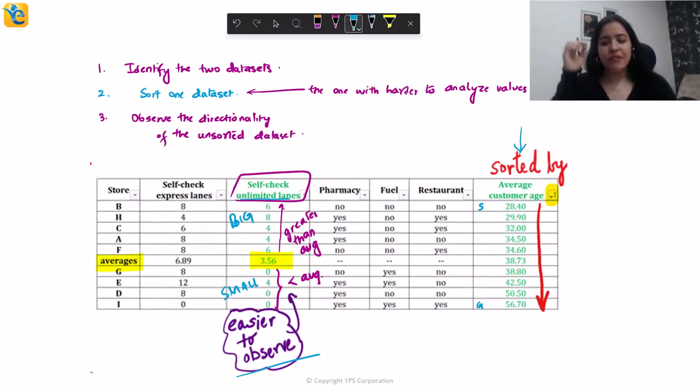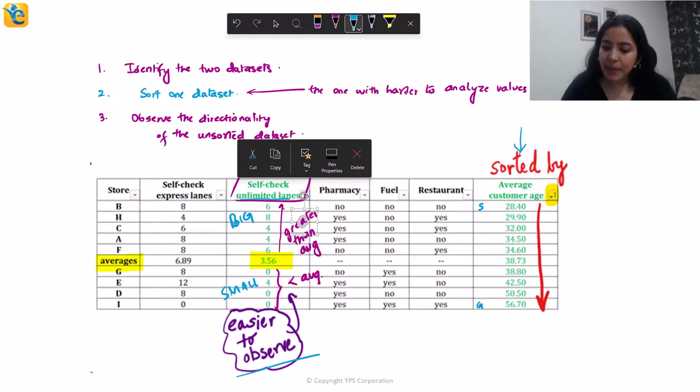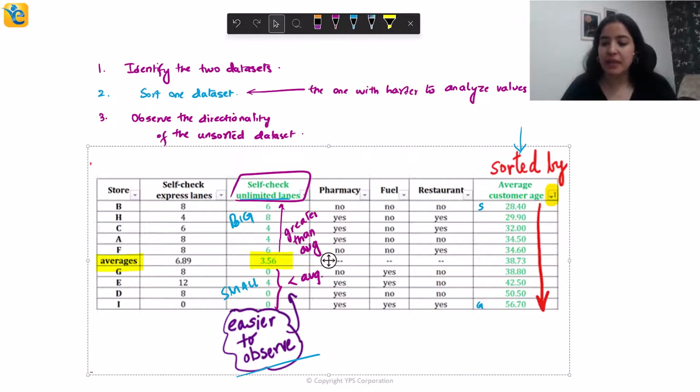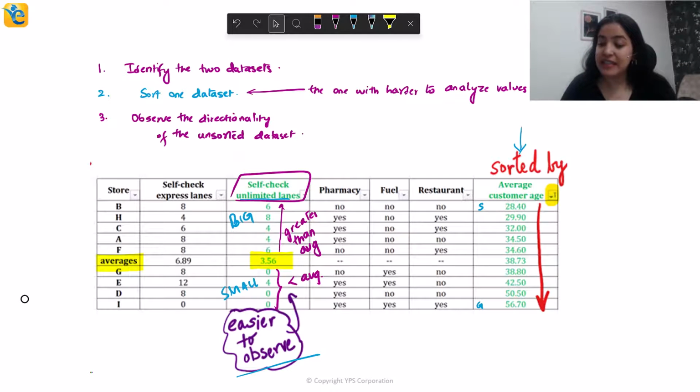Now, if it's going from big to small, then as I'm coming down in this column, the self-check unlimited lanes, this is a descending list. That means values go from big to small. When I sorted the average customer age, that came in ascending order, smallest to greatest. What does that show you?